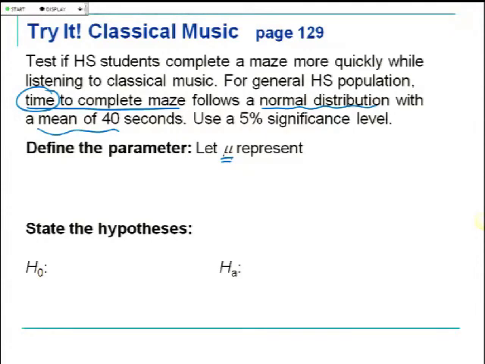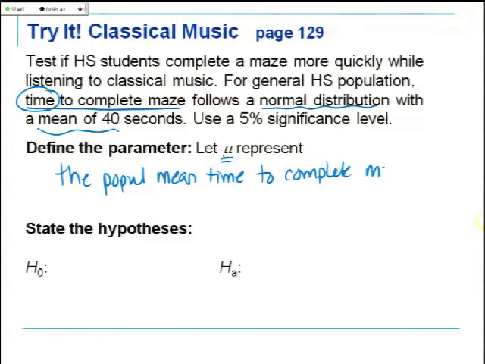Mu represents the population mean, the population mean time to complete the maze. I'm still missing two aspects to define that parameter correctly. It is a population mean time to complete the maze, but I need two things.